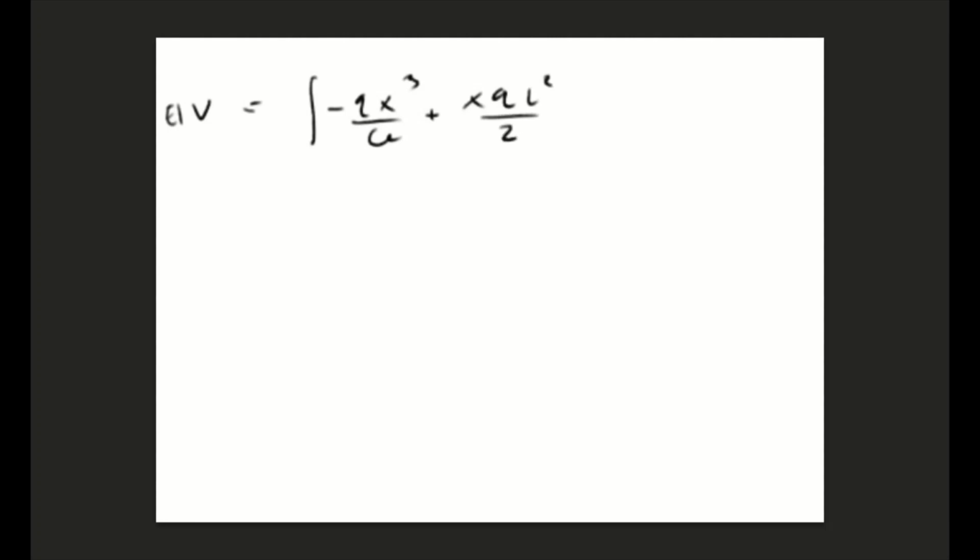We solve that out, and we get negative Qx to the fourth over 24 plus x squared QL squared over 4 plus C.